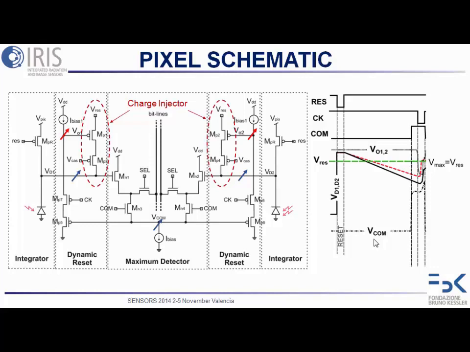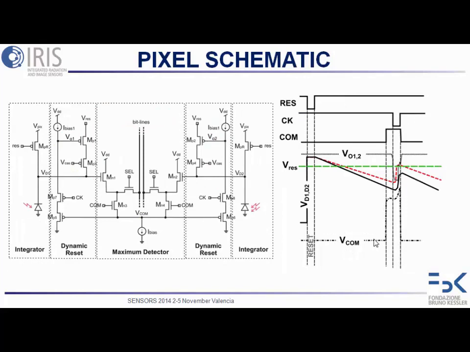So this process will end when MP1 and MP2 are switched off, allowing another integration, still maintaining the differential value. Also, the charge injector has two other transistors, these two, which are cascode transistors in order to make this process independent of the value of VD1 and VD2.